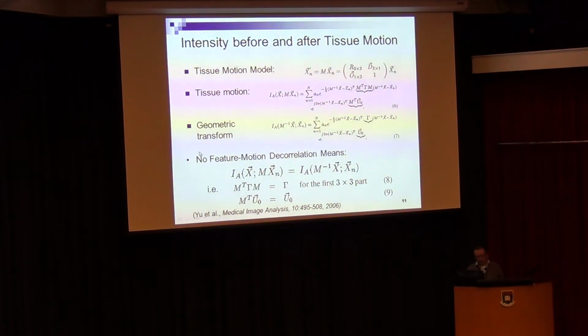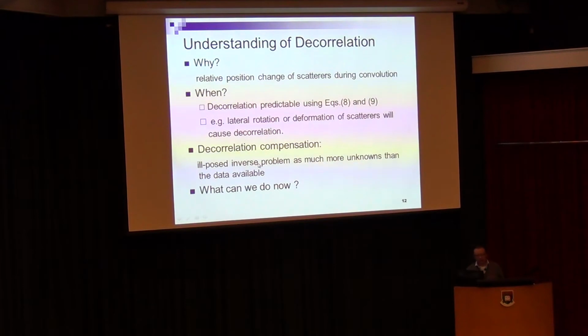That leads to conditions 8 and 9. When we have translation, this condition is satisfied. When we have a rotation around the so-called axial direction, which means the propagation direction of the wave, then this condition is satisfied.